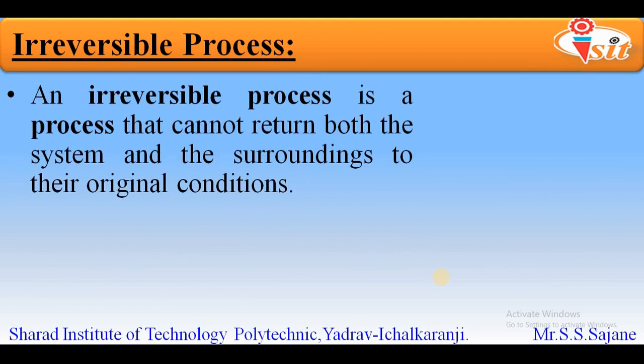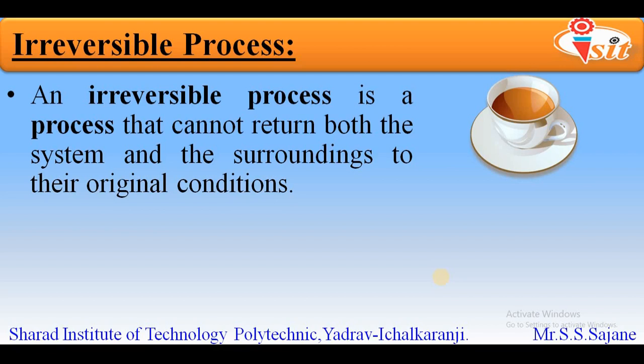So the irreversible process is the process that cannot return both the system and surrounding to the original conditions. Again, for this concept we will consider one example of making tea. For preparation of tea, we will use certain ingredients such as water, sugar, tea powder and milk.